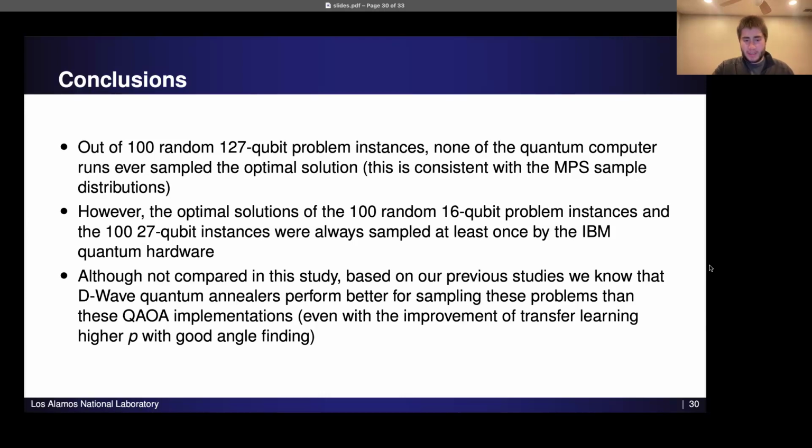So we are excited about the use of transfer learning, and we want to look at this more. This seems to be a very nice way to efficiently get really good QAOA angles.